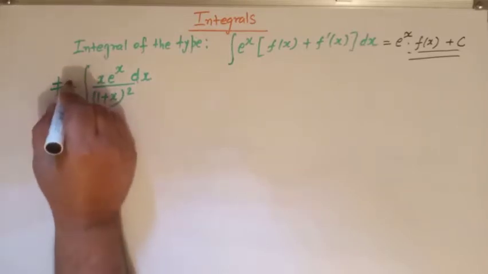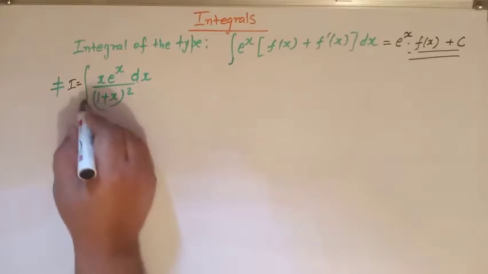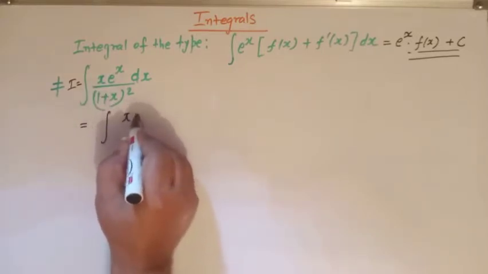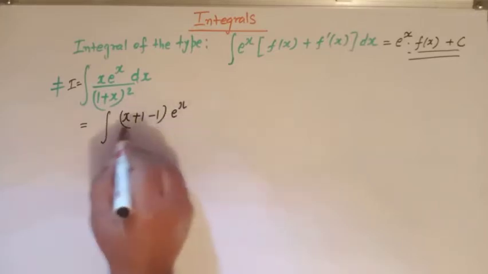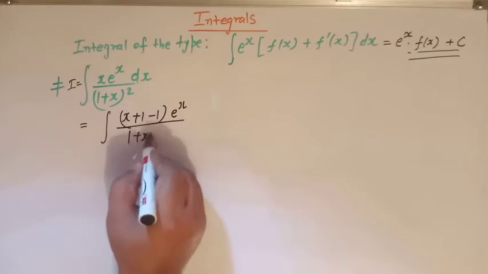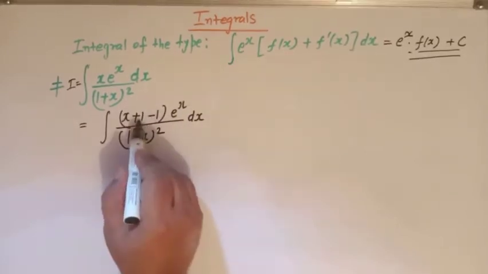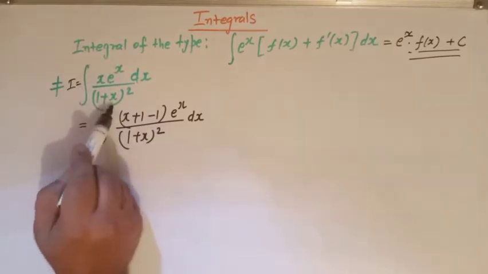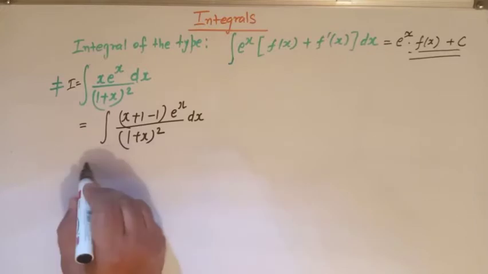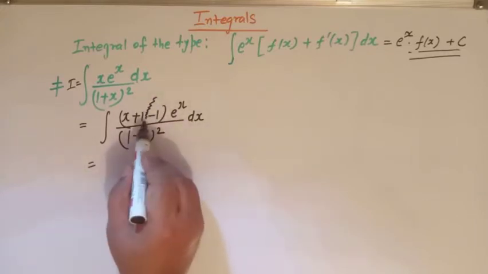So let us call this integral as I. Now viewers, this integral can be written as x plus 1 minus 1, e raised to x divided by 1 plus x whole square. Clear? Here 1 and 1 get cancelled and we'll again get x e raised to x divided by 1 plus x whole square.